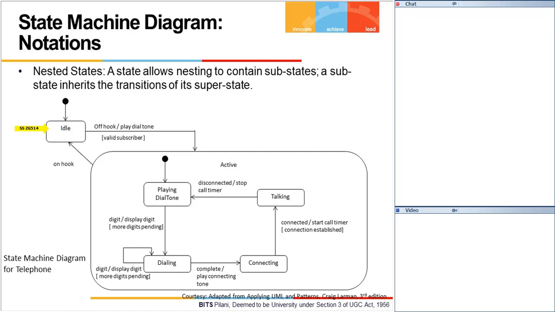And given a case study, there might be some transitions or guard conditions that you need to think about and assume from your side, and then depict them for the given case study.